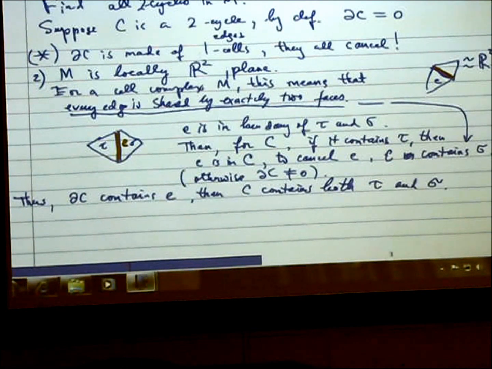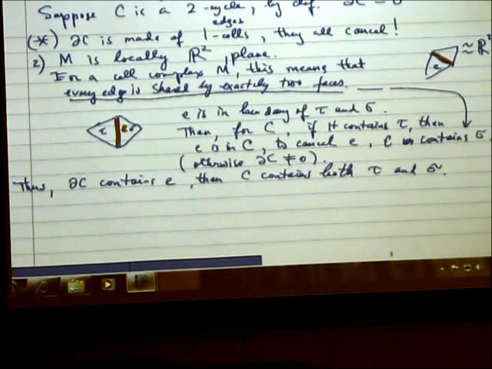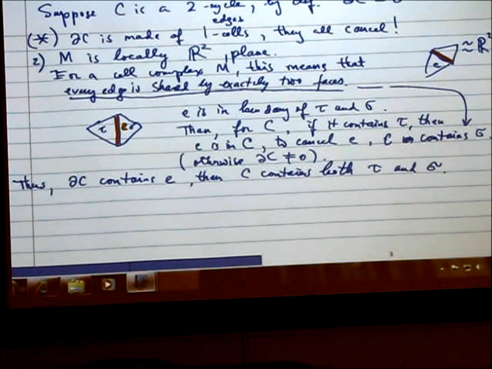So it contains both tau and sigma, so that is a fact that we're going to use. But we actually want if and only if. What would guarantee that the presence of both tau and sigma cancels E, because that is not always the case. So let's consider this particular arrangement. Once again, this is E, this is tau, this is sigma.